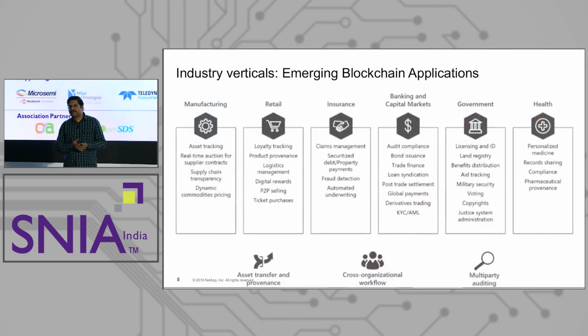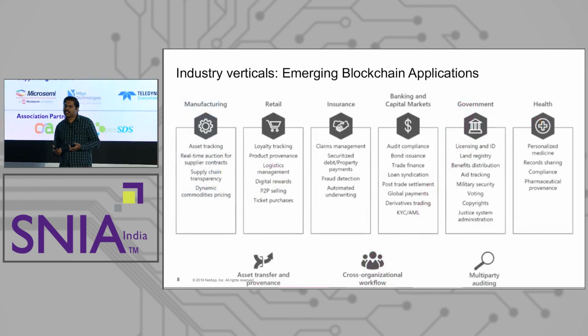Blockchain is going to make an impact on multiple industries. One of the key attributes among all these industries is that whenever there is asset transfer and provenance is a key ingredient required in a given application, then you can use this.